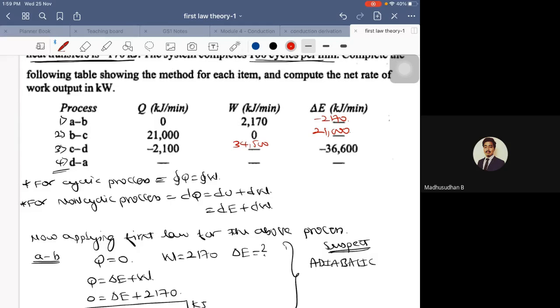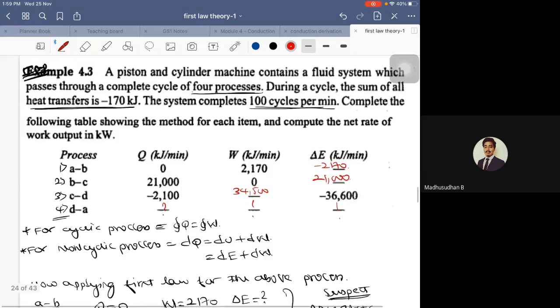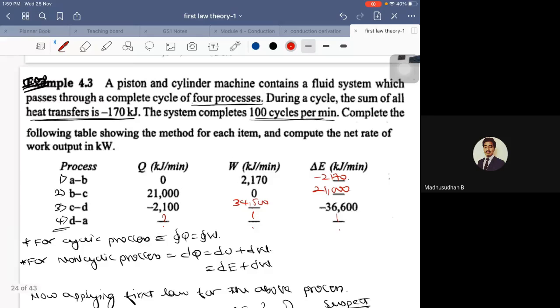All right. For the process D to A, if you observe, nothing is given. Even the value of Q is not given, nor W, nor delta E. So how do I find it? Let's look back into the question. He has mentioned that during the cycle, the sum of all the heat transfers is minus 170.